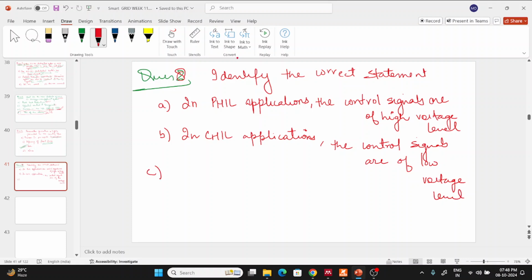C: In PHIL, the complexity of the circuit is more than that of CHIL.